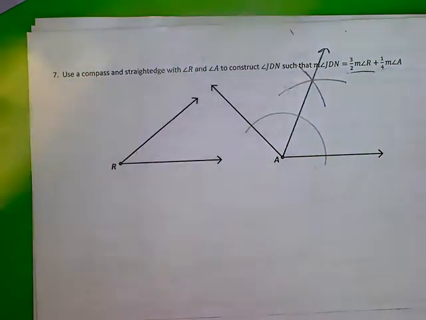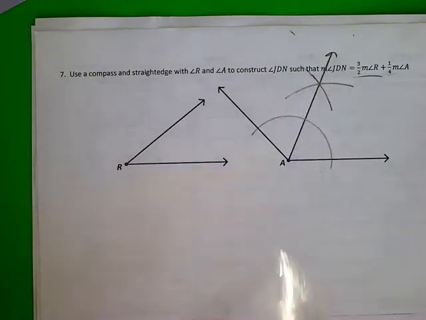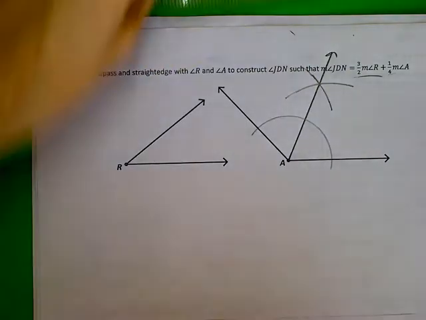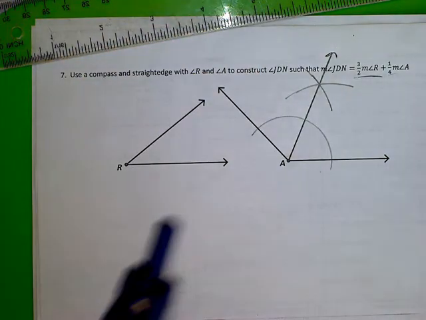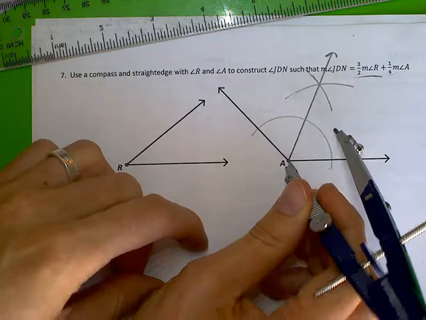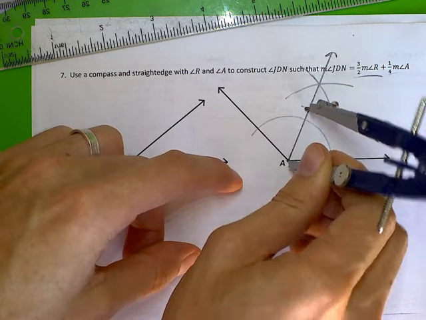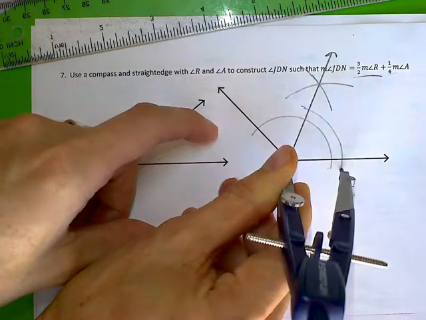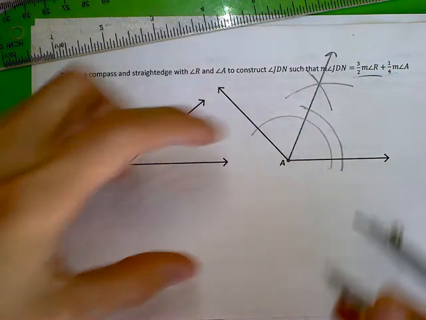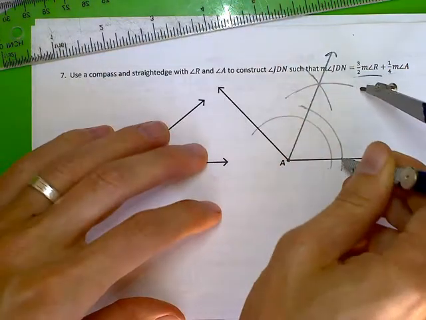Okay. Now, that's half of angle A. I want to get 1/4 of angle A, so I'm going to cut half of it in half. So I'm going to do the same process on this angle right here. So again, I'm just using some arbitrary length to draw this first arc. Now I'm going to use some other arbitrary length to draw the next two arcs.